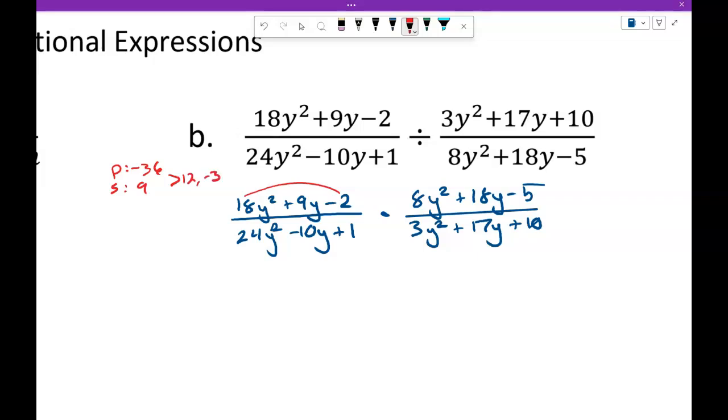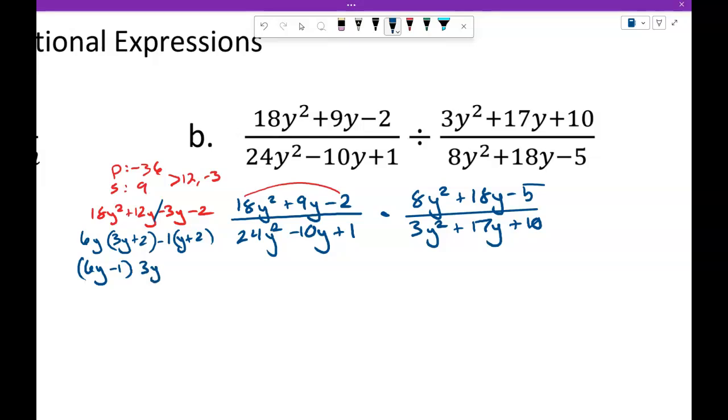And so we can rewrite this as 18y squared plus 12y minus 3y minus 2. Use our grouping. And we end with 6y minus 1 and 3y plus 2.